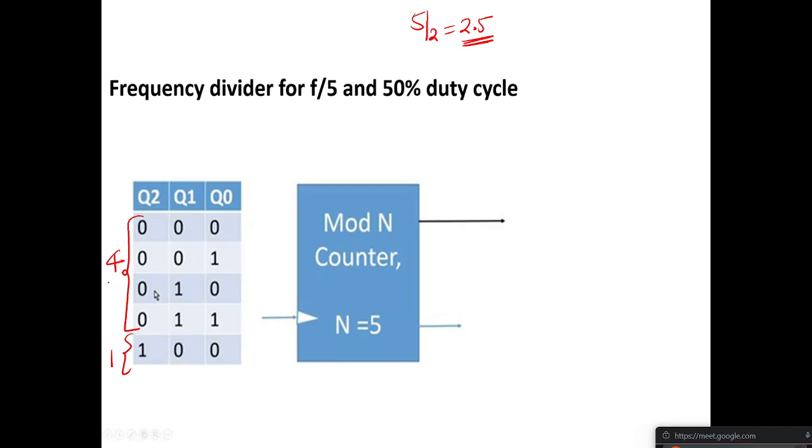So that means you need to alter by 0.5 clock cycle and after that you need to alter the output by 1 clock cycle. When you want to alter by 0.5 clock cycle, which flip flop are you using? Negative edge trigger D flip flop. If you want to alter the frequency by one clock cycle, you need to use positive edge trigger D flip flop.